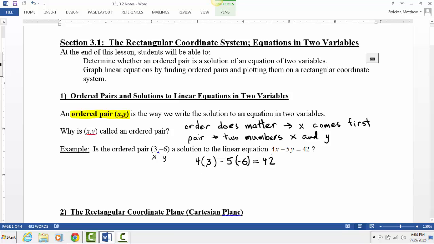Go ahead and simplify. 4 times 3 is 12. And then we have -5 times -6 is a positive 30. And that is in fact equal to 42, because 12 plus 30 is 42. So it does check out. Yes, the point 3, -6 is a solution. Great. Okay.